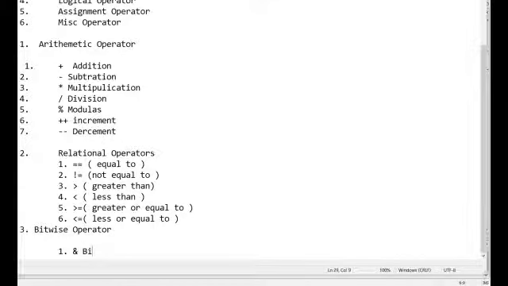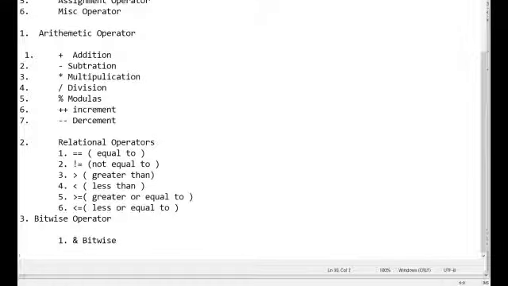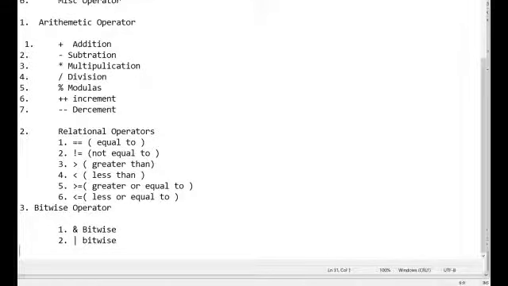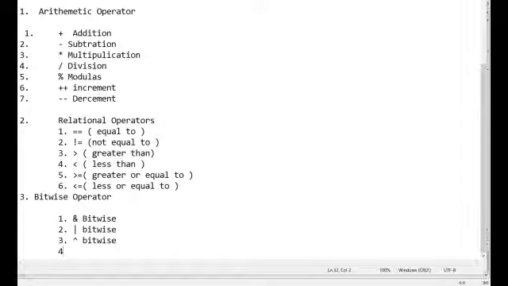The AND bitwise operator. Second one, the OR bitwise operator. Third one, we call as XOR bitwise operator, or XOR bitwise operator.